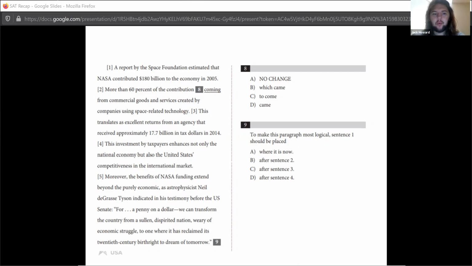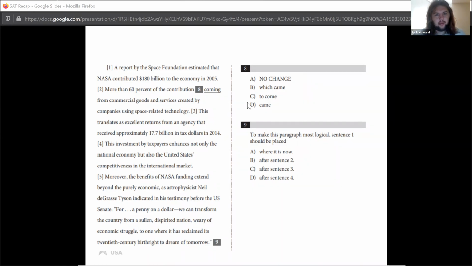Could anyone explain why they got D? Just speak up. Feel free to unmute yourself. Yeah, because it's past tense. It was in 2005. Oh, well, that's an interesting way to do it. That is correct, but I think it's the more difficult way of finding the answer.